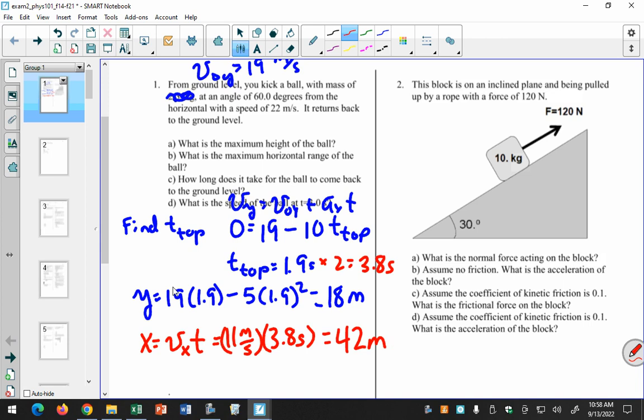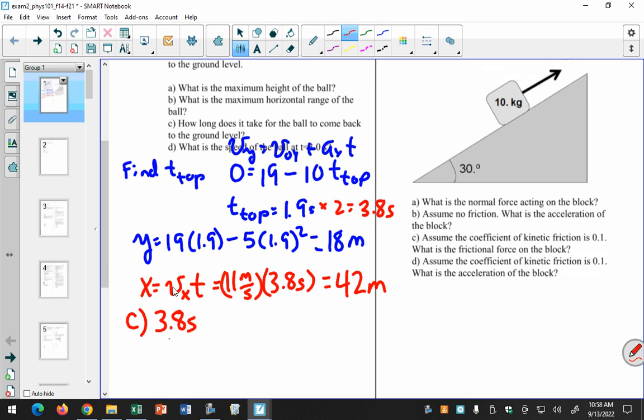How long does it take for the ball to come back to ground level? I've already got that. That's 3.8 seconds. And then what is the speed of the ball at 3 seconds? So that's like the helicopter problem that we did before. At t equal 3 seconds, I need to find out what is vy.